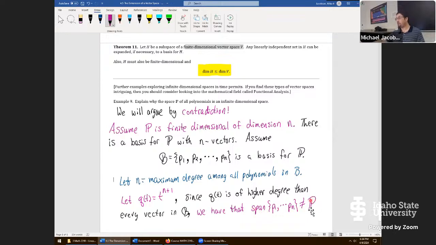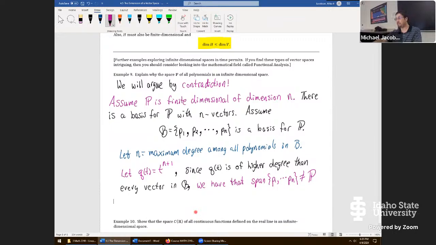The span of the set is smaller than the space P, in other words. We now have an honest contradiction because we said there is a basis. What went wrong? Well, that can't be a basis unless it actually spans the entire set, but it's now impossible.